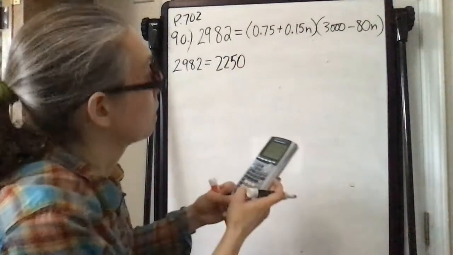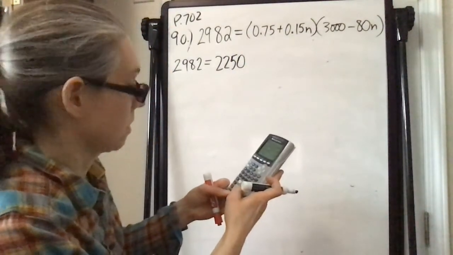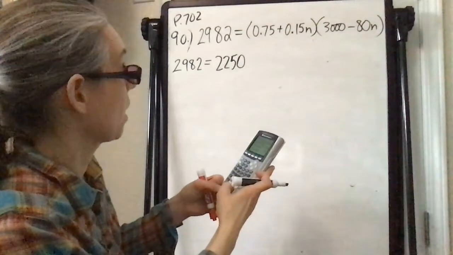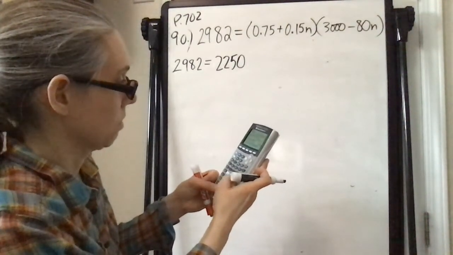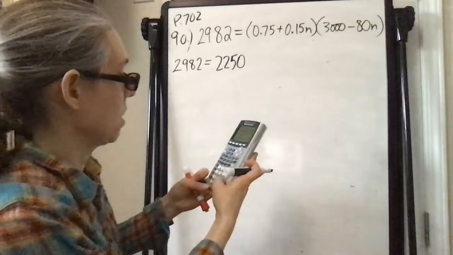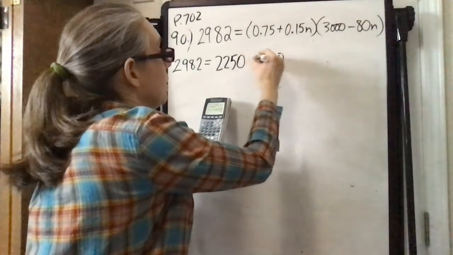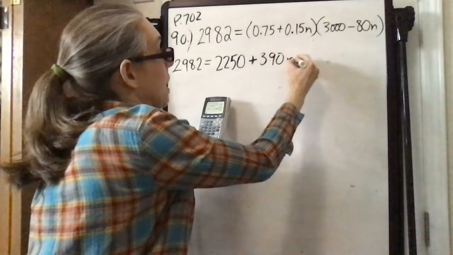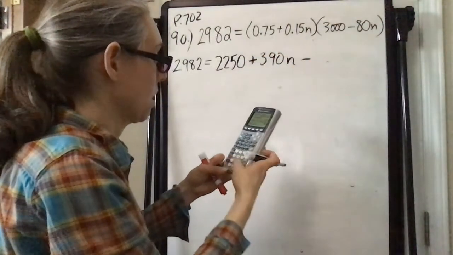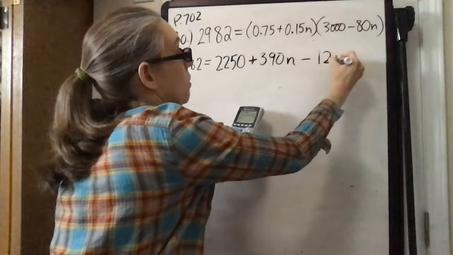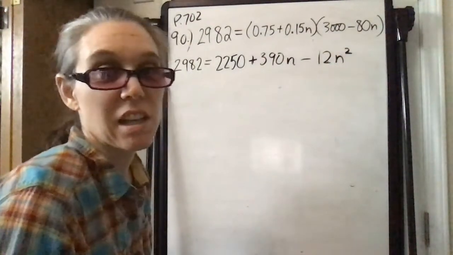First, okay, outer and inner, let's see, 80 n times 0.75 plus 3,000 times 0.15 n is 390 n, and then 80 times 0.15 is 12 n squared. Wow, remarkably, all the decimals went away, which is very nice.